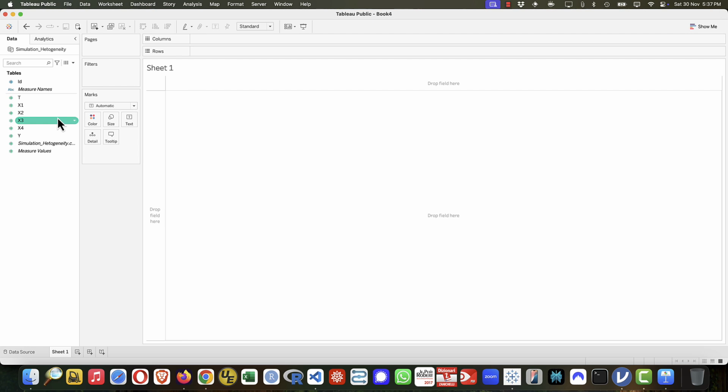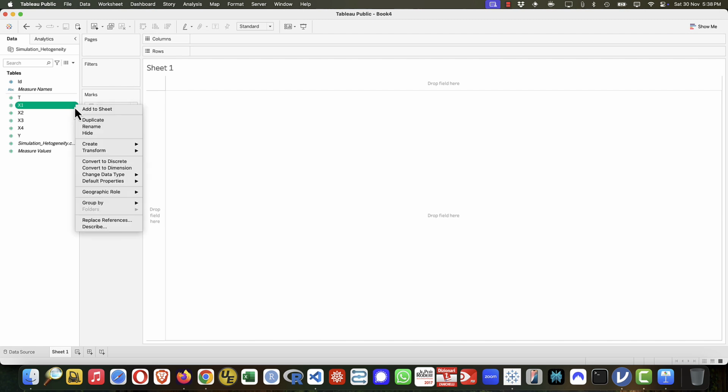And remember, the way we check graphically whether this is an experiment or an observational study is by comparing the distribution of all the x's across the 2 treatments. So here I have x1. x1 is binary, so I'm going to convert this to a dimension.